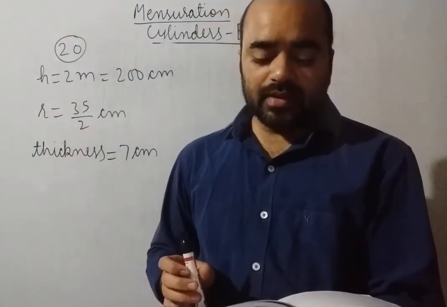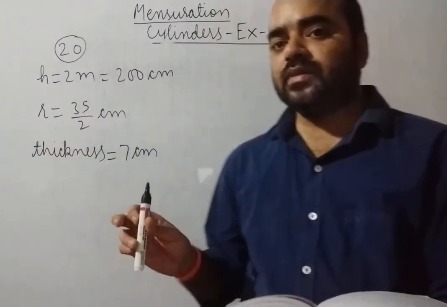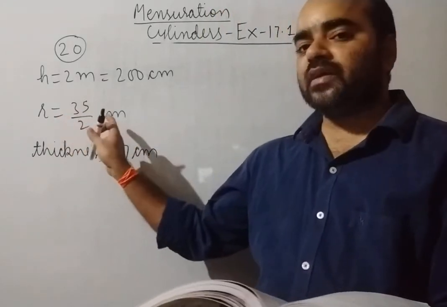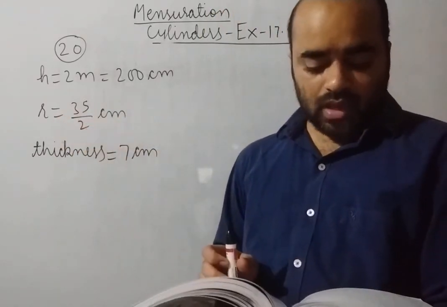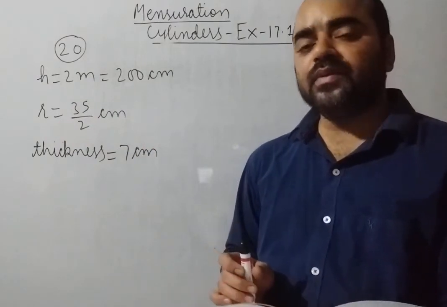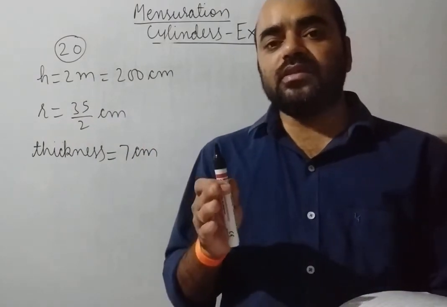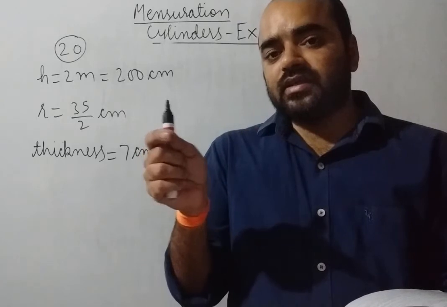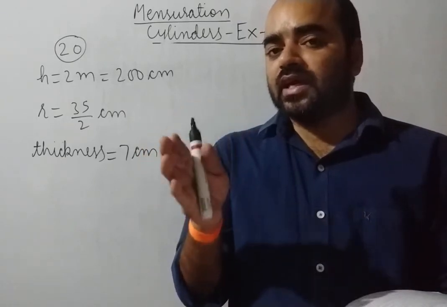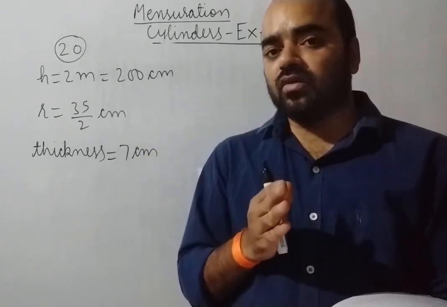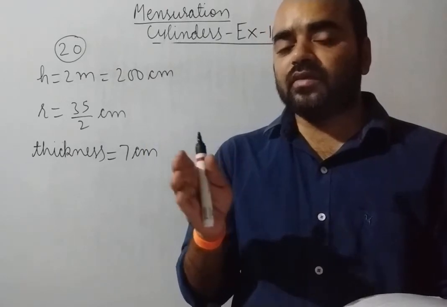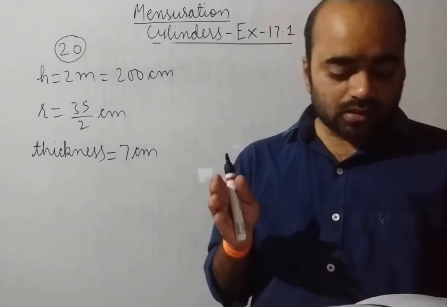Its inner diameter is 35 centimeter. It means small r is 35 by 2 centimeter. And the thickness is 7 centimeter all around. Thickness means the width between the internal and external face of the roller.